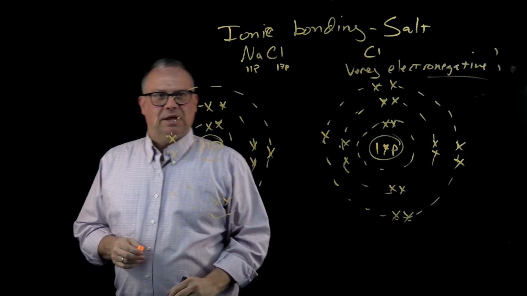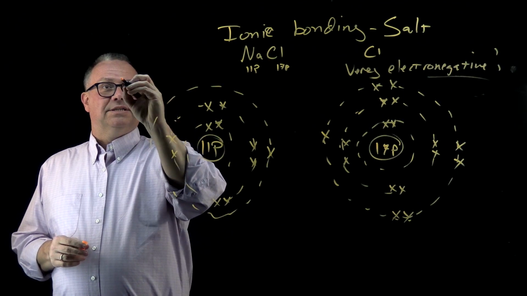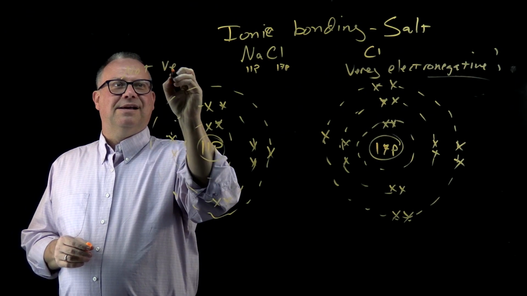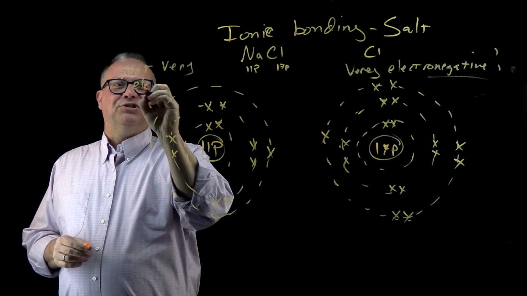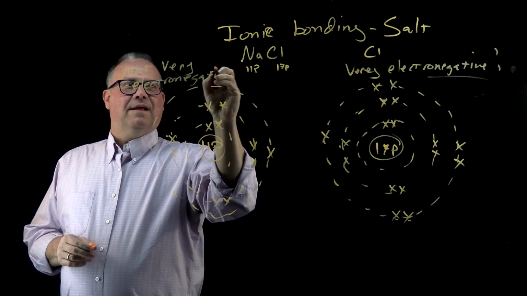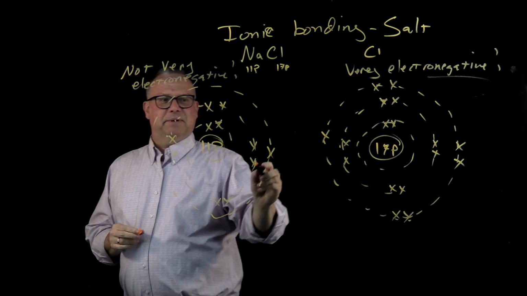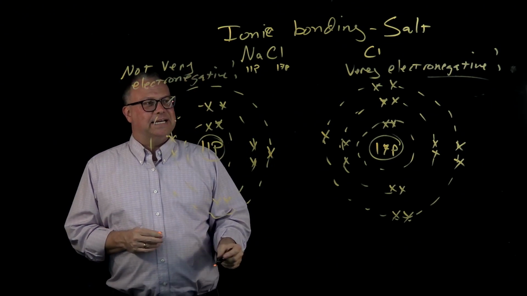We were just talking about electronegativity. The sodium over here is not very electronegative. Over here, we almost say it's electropositive, and I'll talk a little bit about what we mean by that in a second.